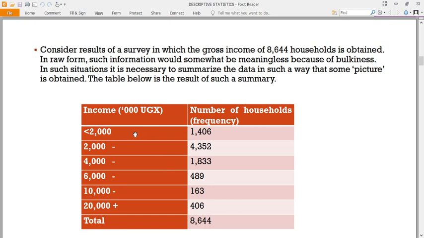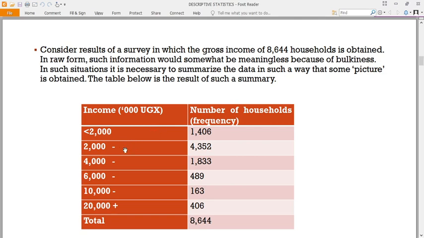And boundaries are created by subtracting, for the lower boundary, from the figure we have. If it is a whole number, we subtract 0.5 and then add 0.5 to it to make an upper boundary.